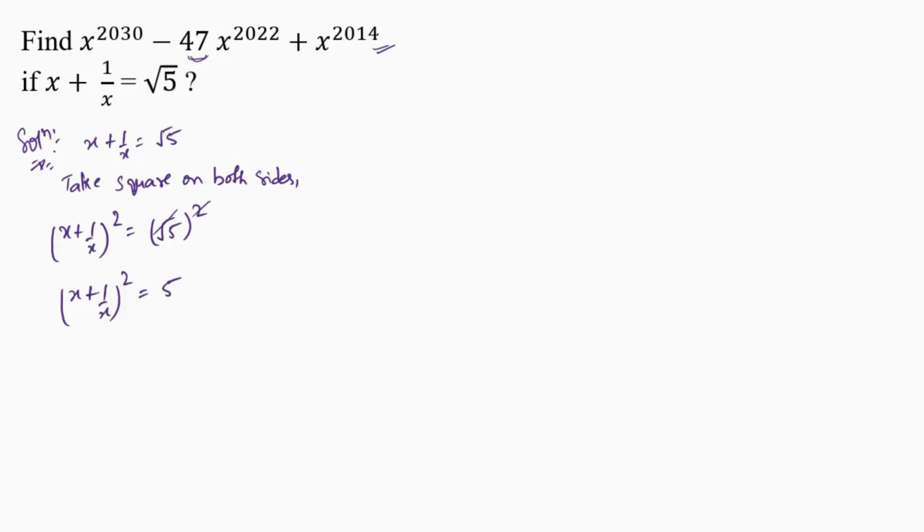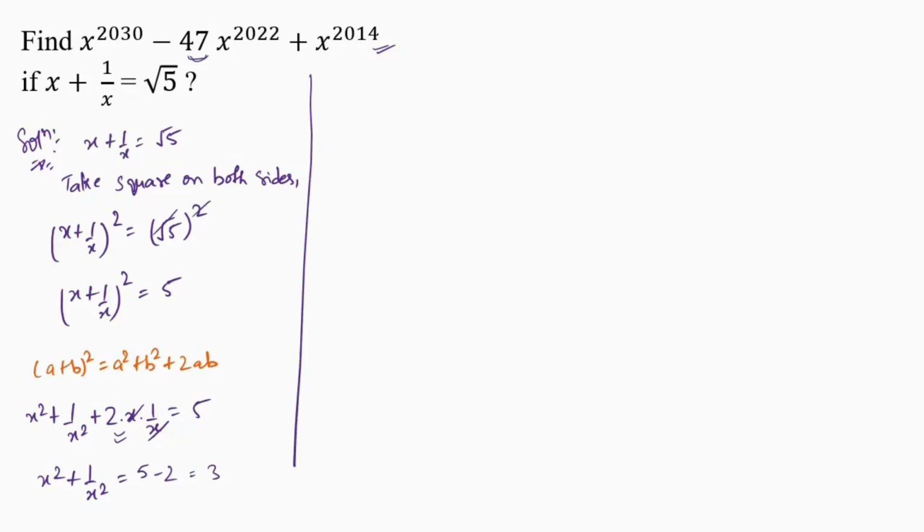Also, we know a formula: a plus b whole square equals a square plus b square plus 2ab. So apply this formula and we get x square plus 1 over x square plus 2 times x times 1 over x equals 5. X to x will get cancelled out and we get x square plus 1 over x square plus 2 equals 5. These 2 will go to the right hand side and get subtracted. We get 3.